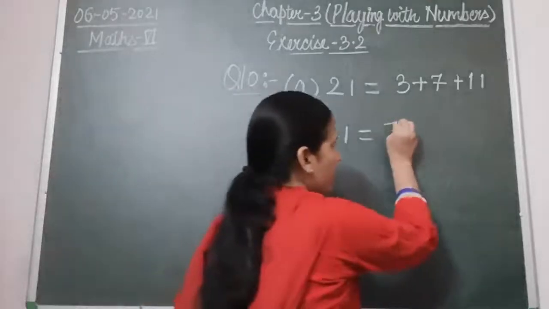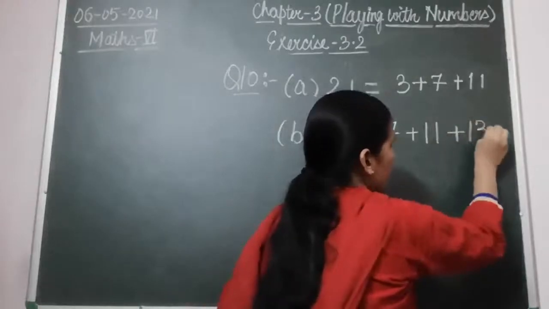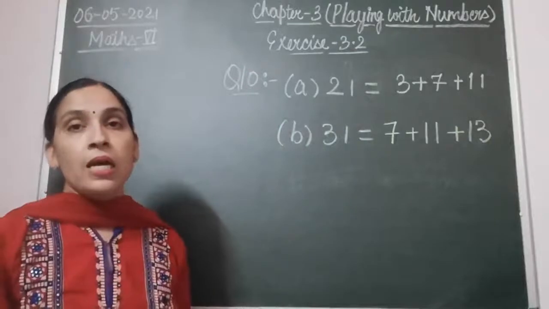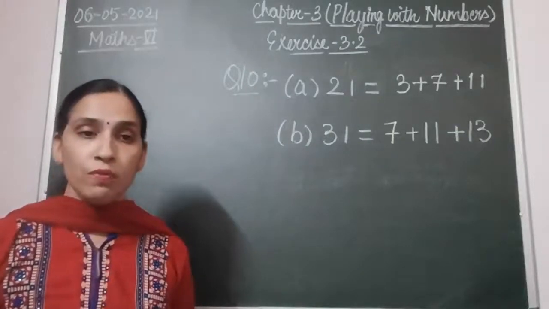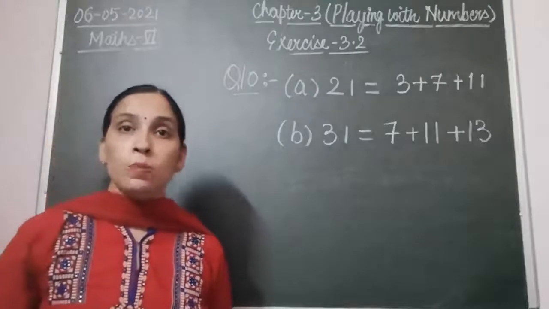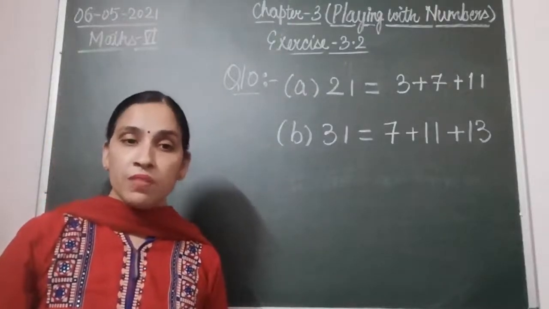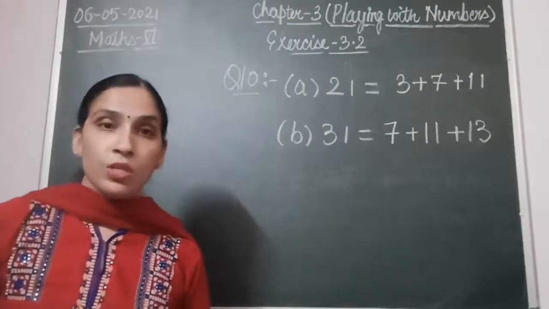So we'll write it as 7 plus 11 plus 13. Again, all these three are odd prime numbers, and that is what you have to write. Now you have been given part C, that is 53, and part D, 61. That you are going to do yourself.